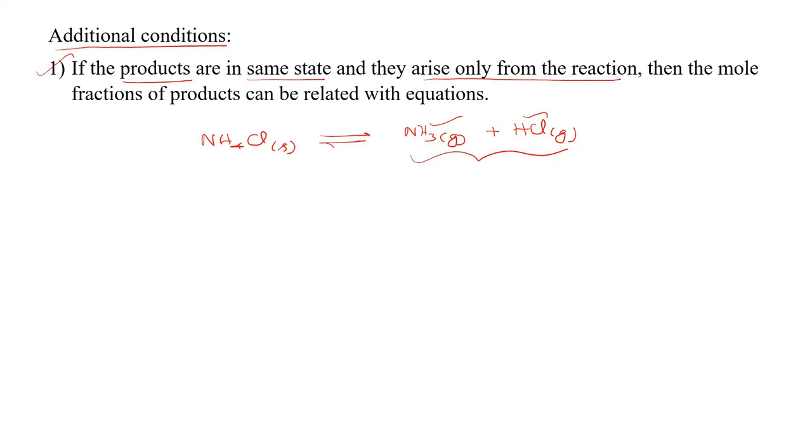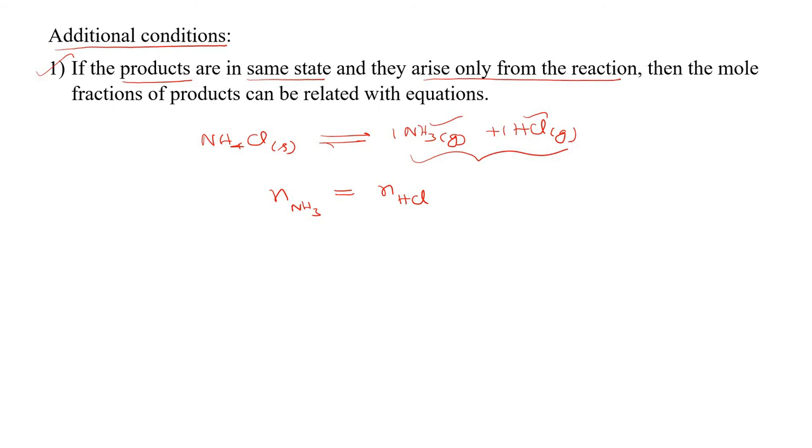How? From this balanced equation it is very clear that if 1 mole of ammonia is formed, at the same time 1 mole of HCl will be formed. Therefore, at equilibrium, the number of moles of ammonia formed should be equal to the number of moles of HCl formed, because ammonia and HCl are formed only from the reaction.